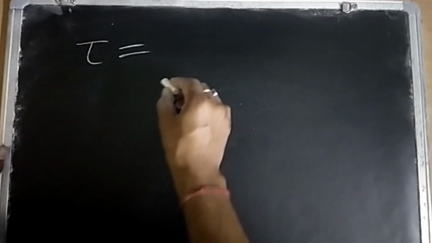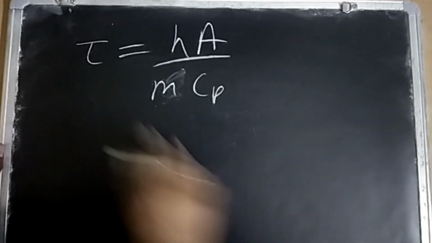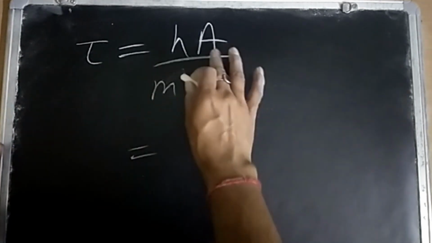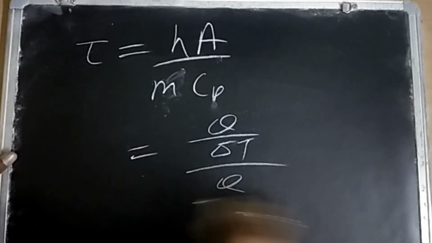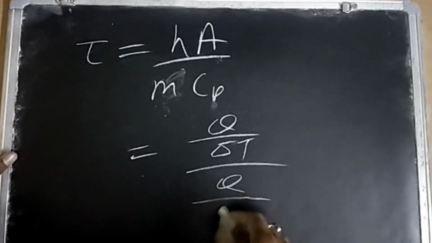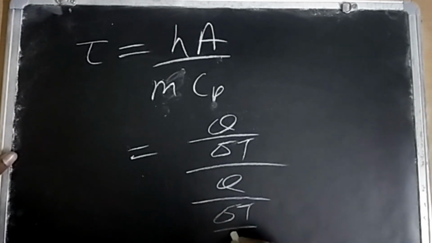So this was for the lumped heat capacitance method. Remember one very important thing: the time constant tau is hA by m Cp, or rho Cp. How? Because hA is Q upon delta T, and mCp is Q upon delta T by dT by dt.